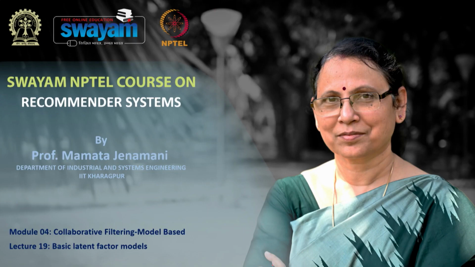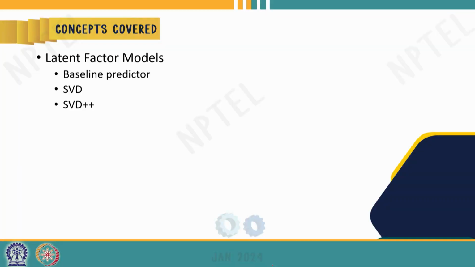We are going to continue our discussion on model based collaborative filtering, and specifically in today's lecture we are going to talk about basic latent factor models. So, these are the concepts to be covered. First we will talk about the baseline predictor, then we will be talking about SVD, the enhanced baseline predictor, which is also popularly called the SVD latent factor model.